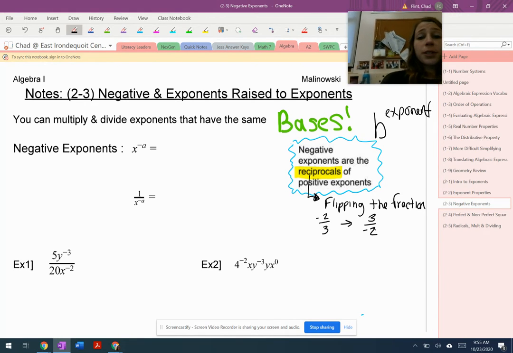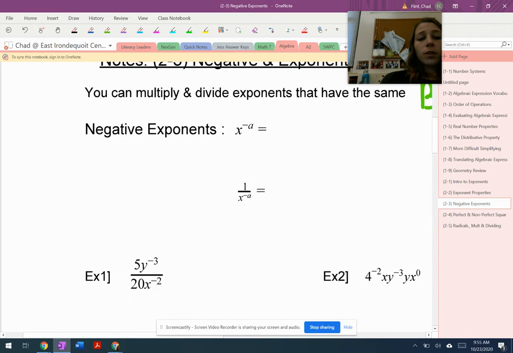So in order to make negative exponents positive, we're going to move the placement of it.